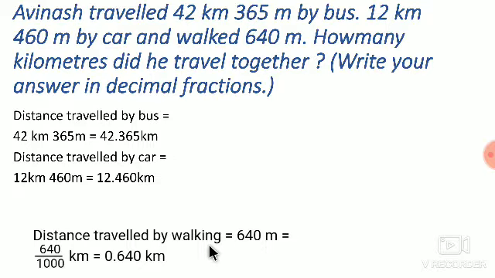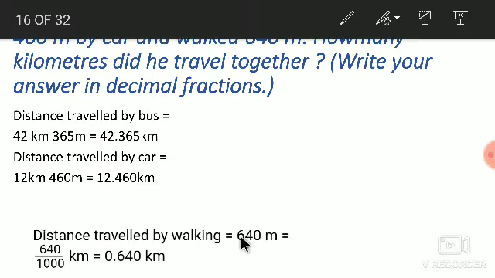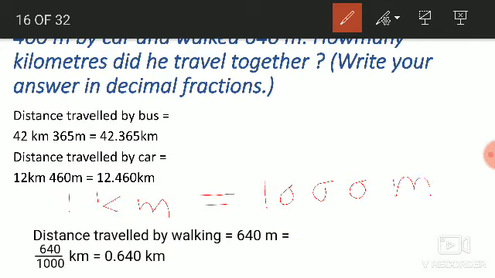Distance traveled by walking, the meters only. This also we have to convert in kilometer. You know that 1 kilometer is equal to 1000 meter.